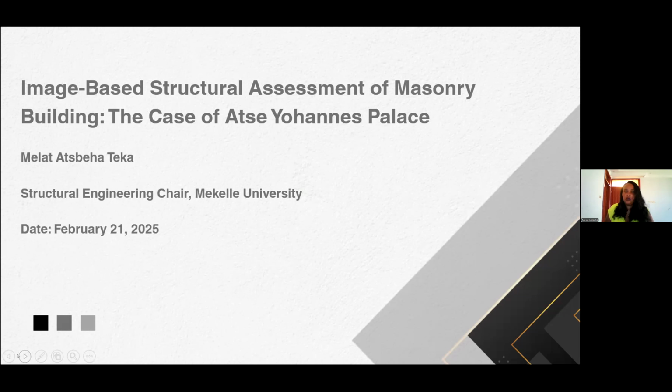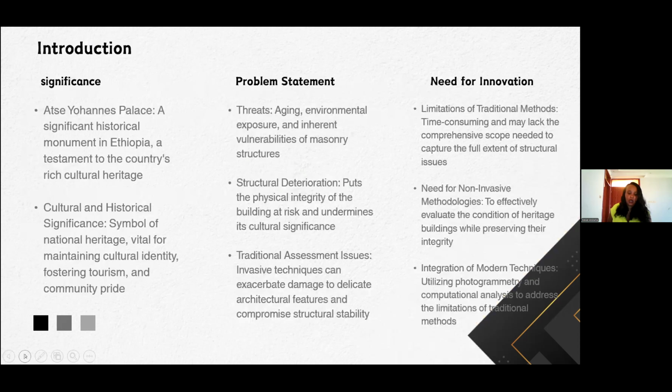So our new method that we're proposing is image-based, that we use photogrammetry incorporating with the finite element analysis method. For the photogrammetry part, we'll be using 3D software, whereas the finite element analysis method, we will be using Abacus software.